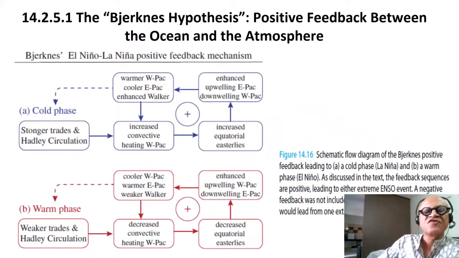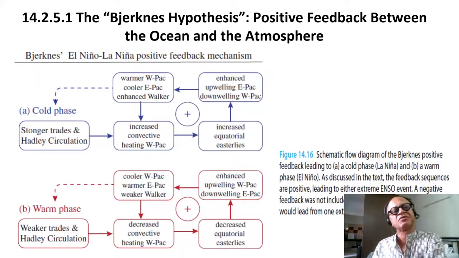The idea of Bjerknes was that he was the first one to realize that El Niño and the Southern Oscillation, as proposed by Walker, were essentially the same, and this was because there was a closely coupled interaction between the atmosphere and the ocean. So if you think of a cold phase, for example, you have somehow stronger trades and Hadley circulation.